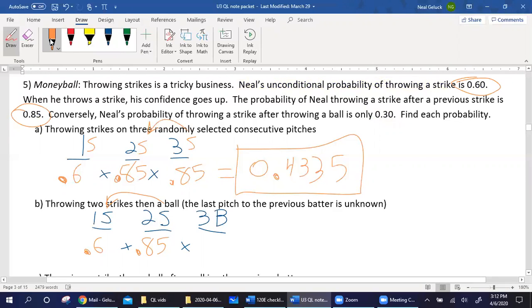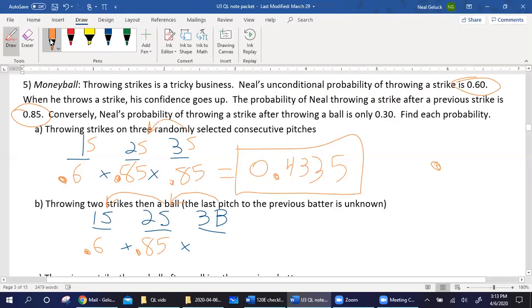Now, for the third pitch, this is where things get really funky. I threw a strike previously. That means there was an 85% chance that this third pitch was a strike.